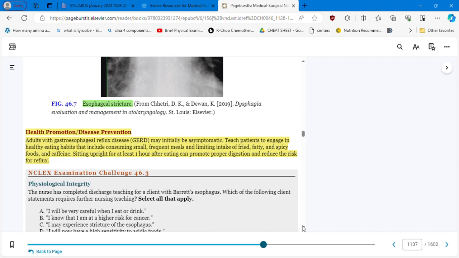Teach patients to engage in healthy eating habits that include consuming small, frequent meals and limiting intake of fried, fatty, and spicy foods and caffeine. Sitting upright for at least 1 hour after eating can promote proper digestion and reduce the risk of reflux, right?